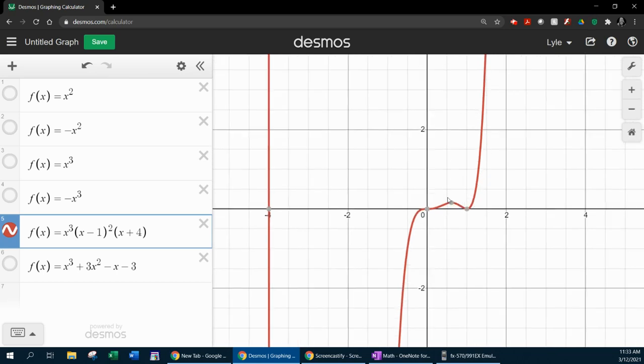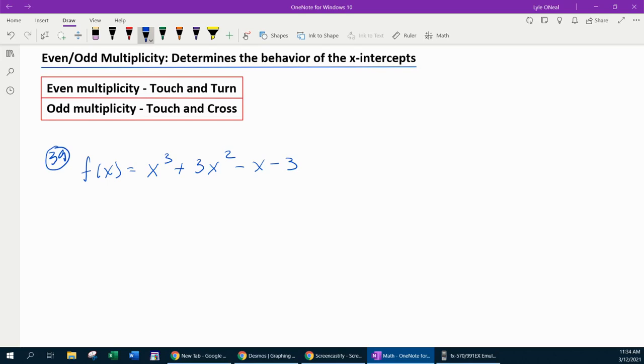Now we're going to look at number 39 here as an example of maybe a homework or a test question where the instructions would say, find the zeros of the polynomial function and state the multiplicity of each. So this function is not factored. If we're going to find the zeros, we need to factor it if at all possible.